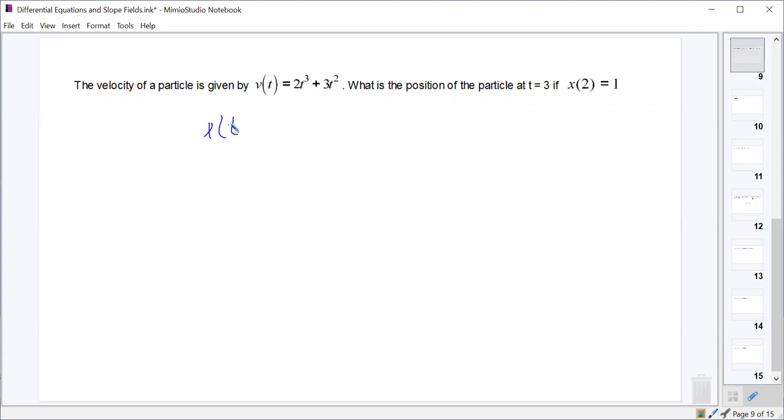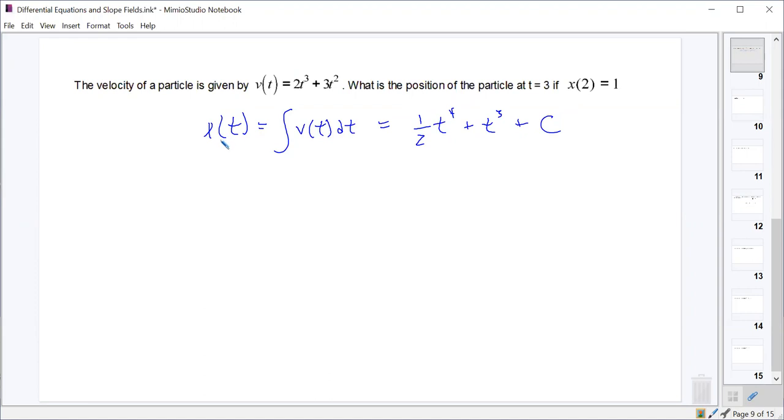So we'll say that x of t is equal to the integral of v of t dt. And what is the integral of v of t? One half t to the power 4 plus t to the power of 3, plus some constant, right?